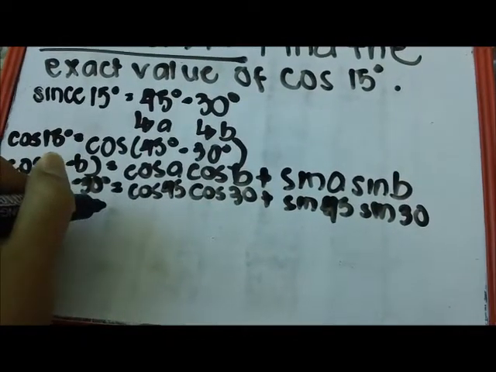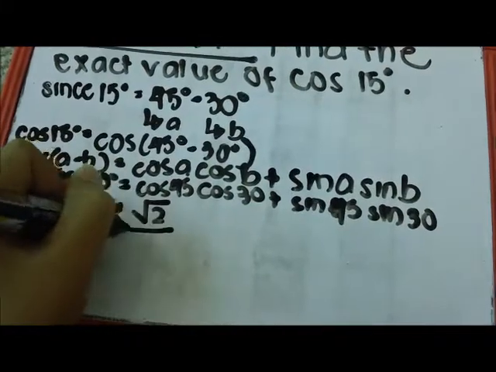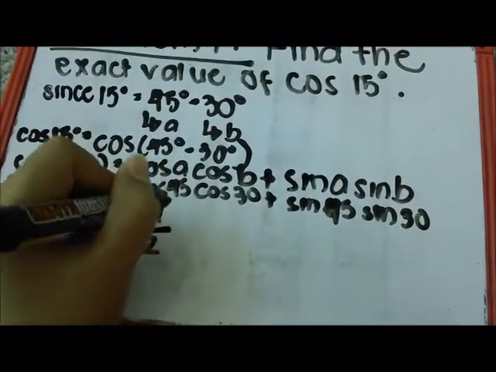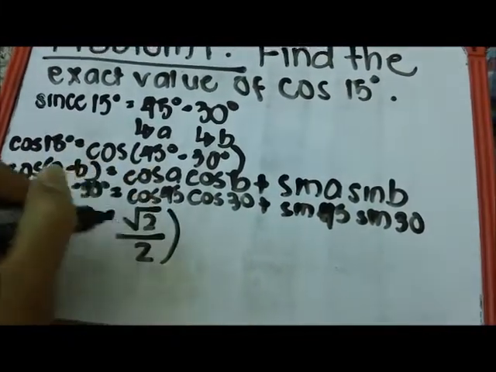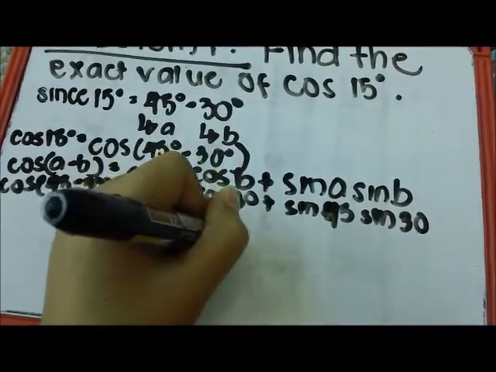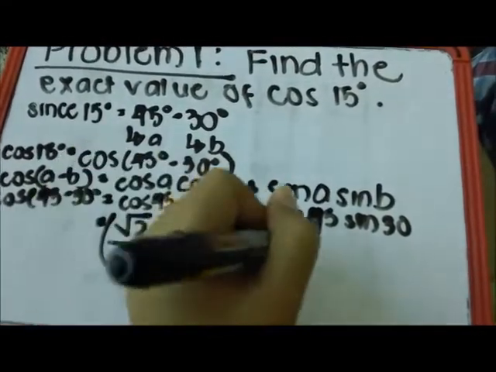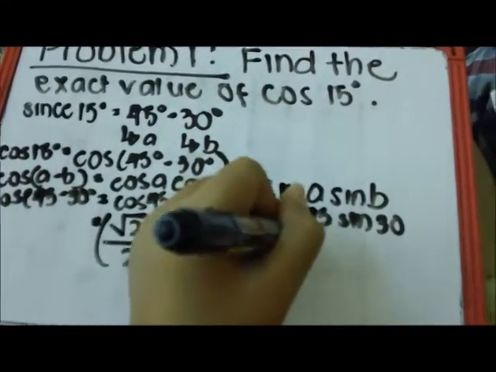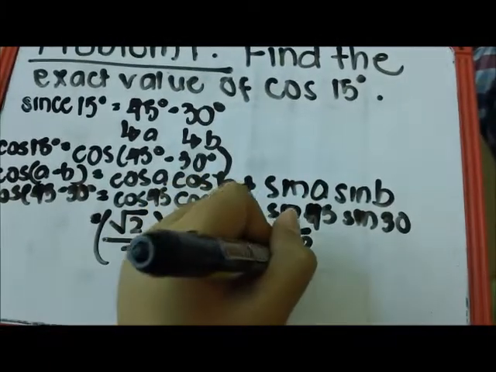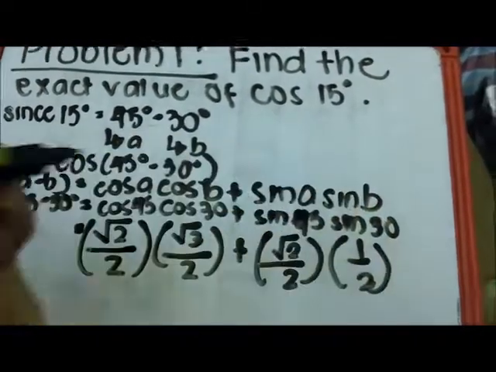If we get those values already, we'll be having square root of 2 over 2 times square root of 3 over 2, plus square root of 2 over 2 times 1/2.